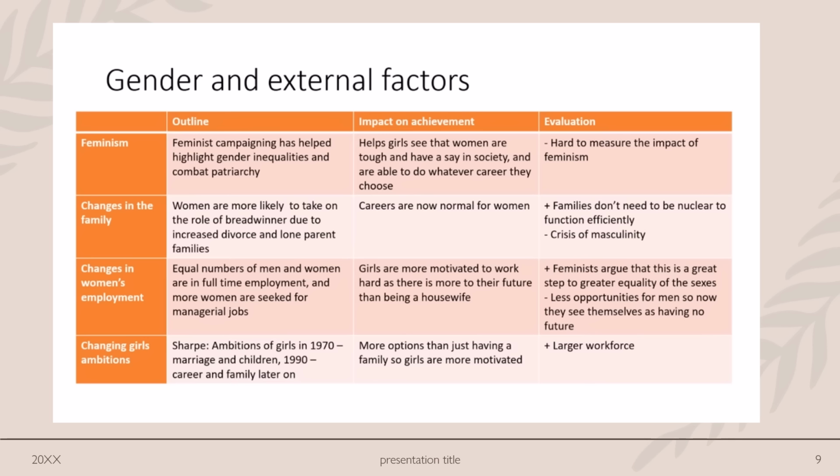Then from 1990, women focused on their career first and then family later on. The impact of this is that now more girls have more options than just having a family, so they have more motivation. Evaluation on this: a larger workforce. And that's about it for this one.